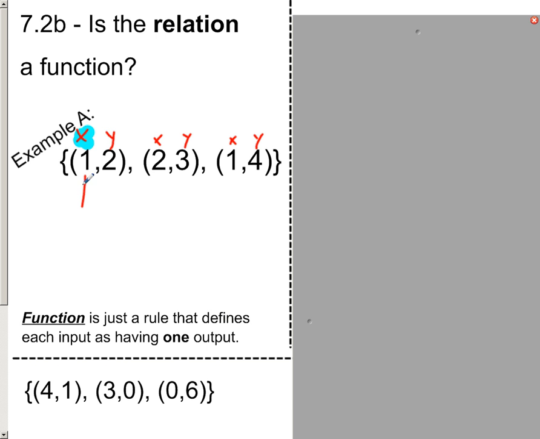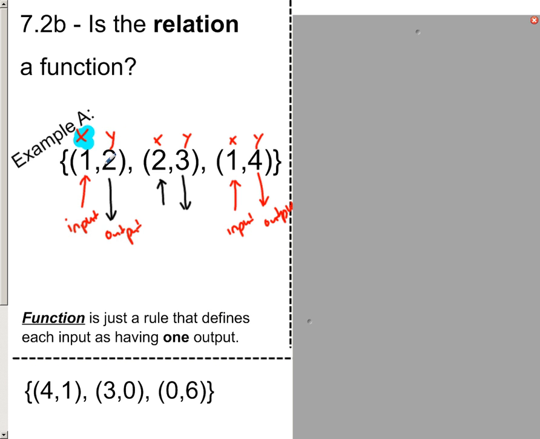Well, x's other name is input. So if I put this through a special rule, I get an output of 2. If I put in an input of 2, I get an output of 3. Okay? And then this time, I get an input of 1, but I get an output of 4.